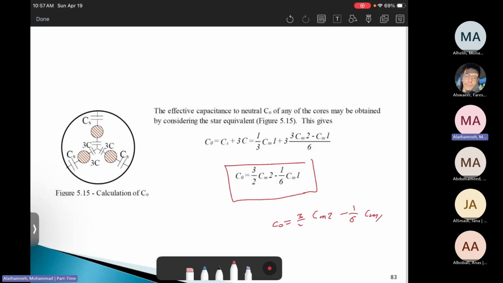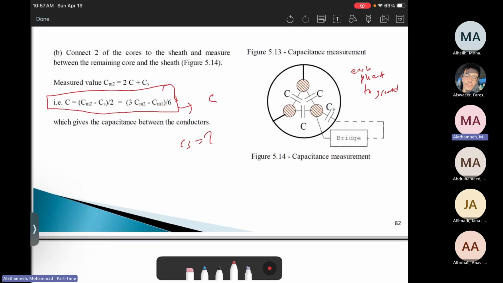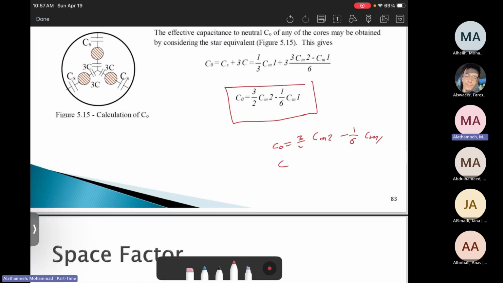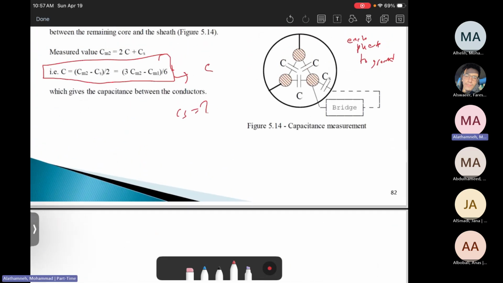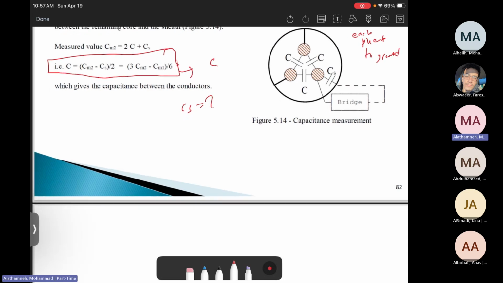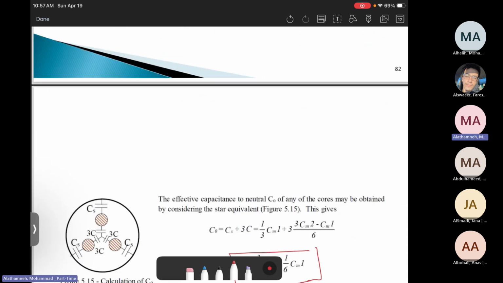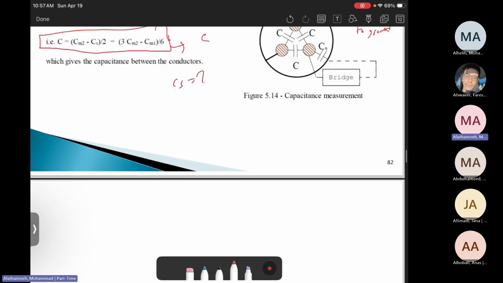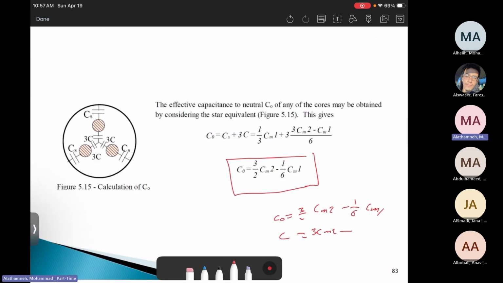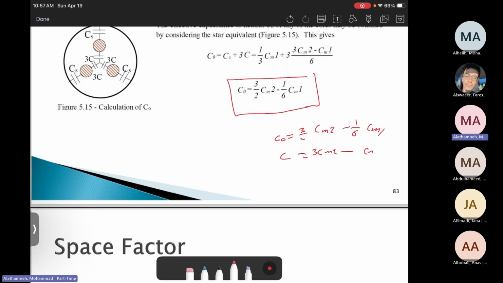Then the other one, which is C alone, equals Cm2 minus Cs divided by 2, or 3Cm2 minus 6Cm1 divided by 6, which I believe is the same as this one.